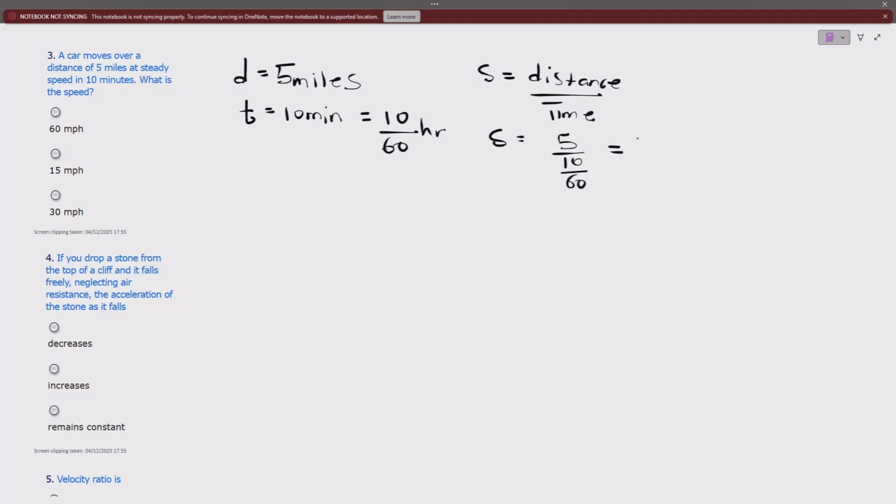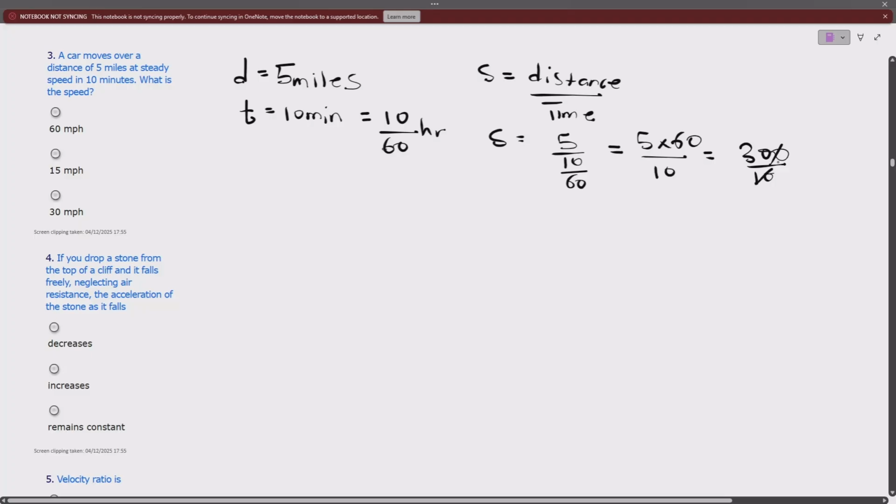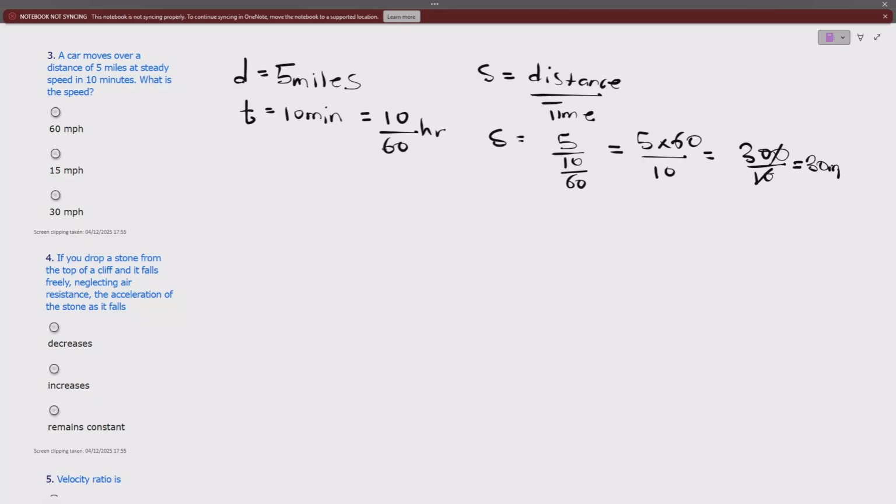That is going to give you 5 times 60 over 10, which equals 300 over 10. That is 30 miles per hour. That is the right answer.